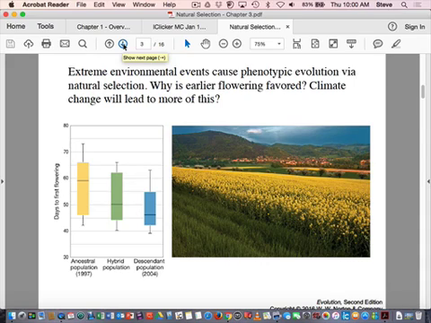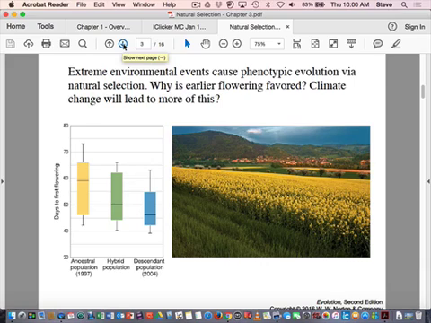And the trait they looked at was the days to first flowering, okay? So how long, on average, did it take for this population that went through this extreme drought to first flower? And then they have flower, pollination, seeds, and all these sorts of things, okay? So what happened in this descendant population, this was after 4 years of the drought.